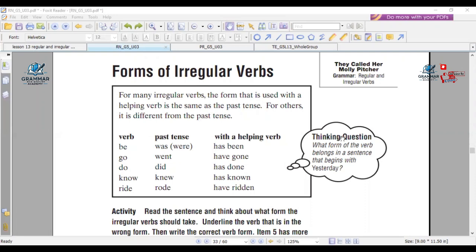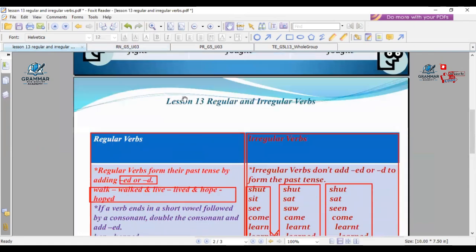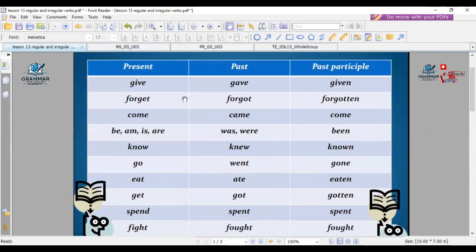Abdurrahman Sheikh, pay attention, all of you. Here in this sheet, we have a list of the irregular verbs. This is the present form, this is the past form, and this is the past participle form. Pay attention, my dear boy: before the past participle form there must be one of the helping verbs has, have, had. Can you read all of them for us, please? Give, gave, given.